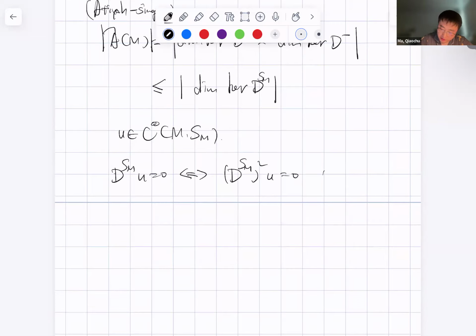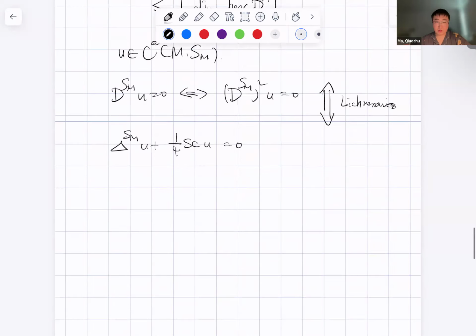And by the Lichnerowicz formula, we see that the Laplacian plus the scalar curvature term is 0.